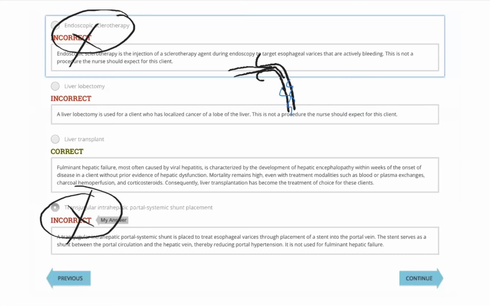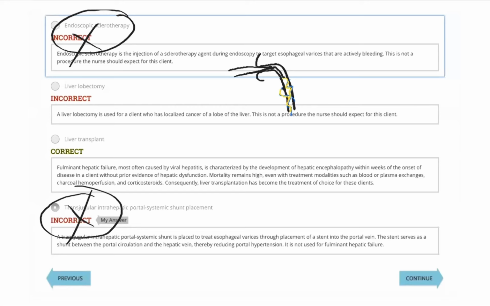That scope can inject a solution into the veins, which will fix the veins, meaning it'll help them reabsorb and they'll dwindle. They'll go away. They'll be eliminated. Does that make sense, sir? Yes, sir. That's what sclerotherapy is.